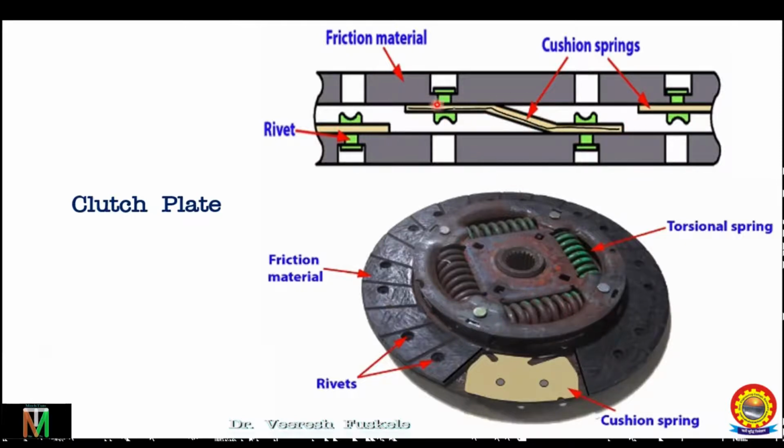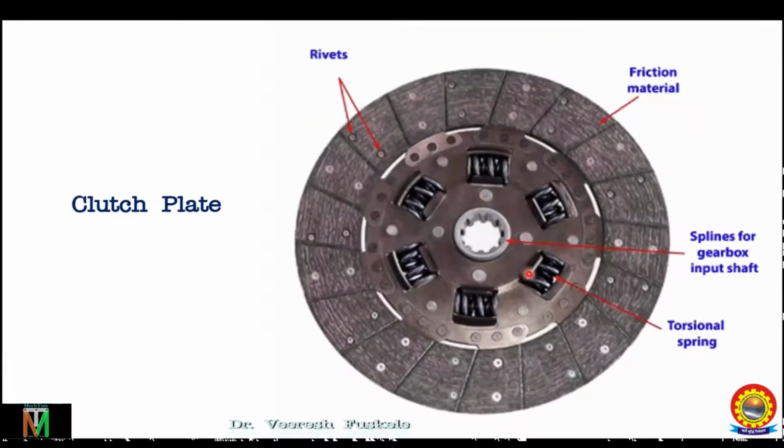These are the cushion springs. If we look at this construction, we can see that this material is like the blade of a fan. It comes out from the hub. These are the blades that we are talking about, coming out from the hub.